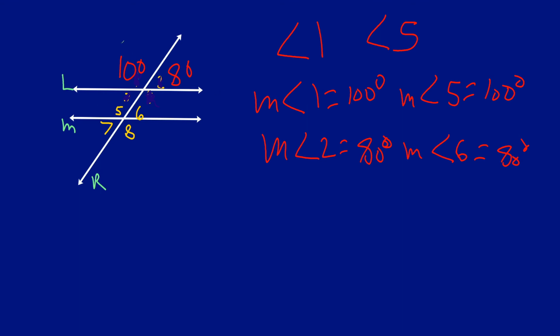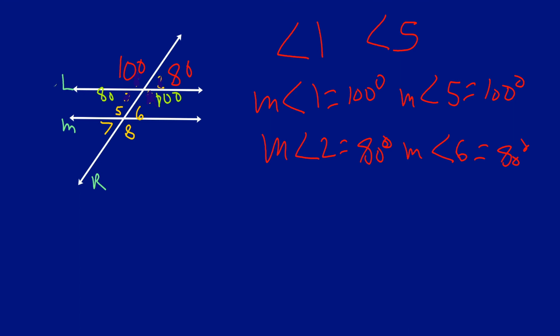So we know that angle 1 is 100, angle 2 is 80 degrees, and now we have to use our knowledge of vertical angles and also adjacent angles to figure things out for the other sides. So if angle 2 is 80, that means angle 3, I believe, is going to be 80, and then this guy over here, angle 4, is going to be 100 because they're opposite of each other. And of course, when they're next to each other like that, they also add up to 180. So I wanted to mention that as well.